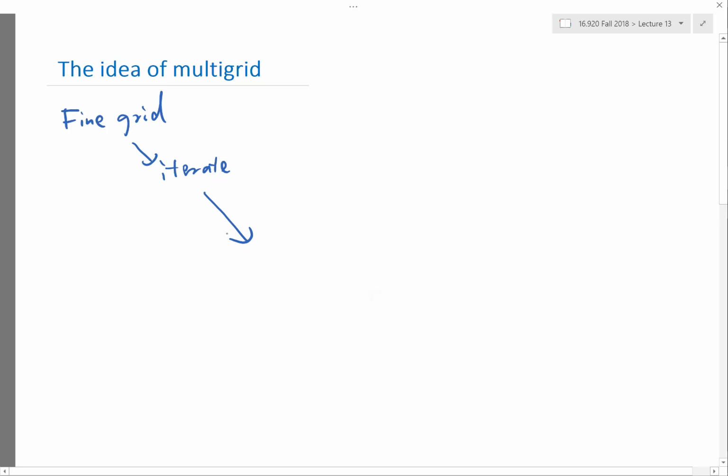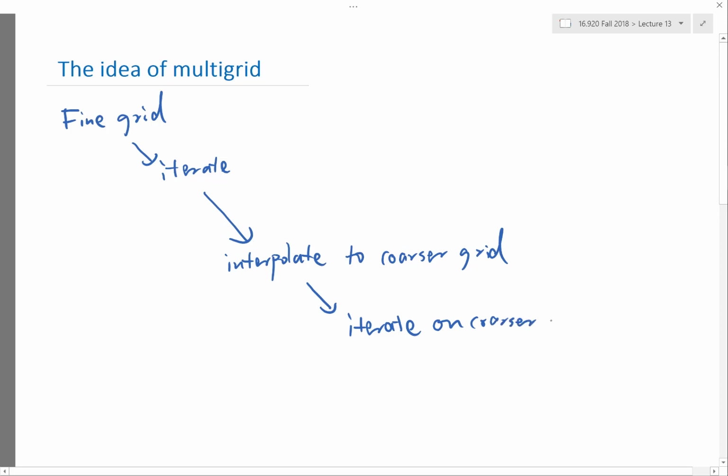Then you interpolate the solution, which is now smoother, to a coarser grid. Now you iterate on the coarser grid, which actually makes the whole thing converge faster.